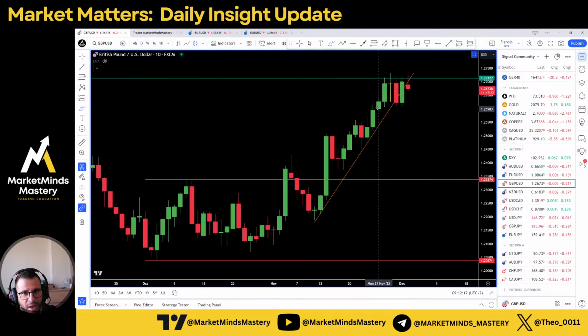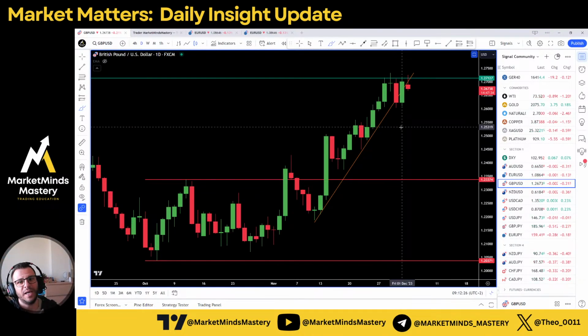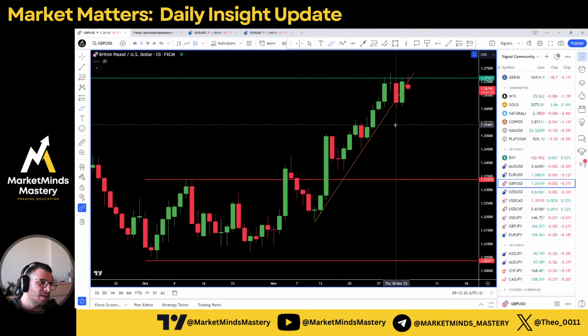But we have to understand that it's a low probability setup. It's not a high probability setup, okay? And a low probability setup can also give us some winning trades, but we have to also accept the risk and the outcome that most of the time a low probability setup ends as a losing trade, or we go for a lower reward to risk.